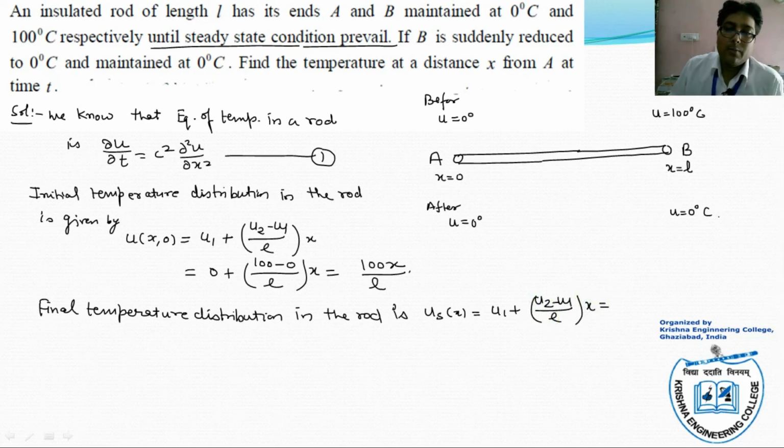We get the value of u1 after as 0 and u2 as 0. So this becomes 0. Clear?